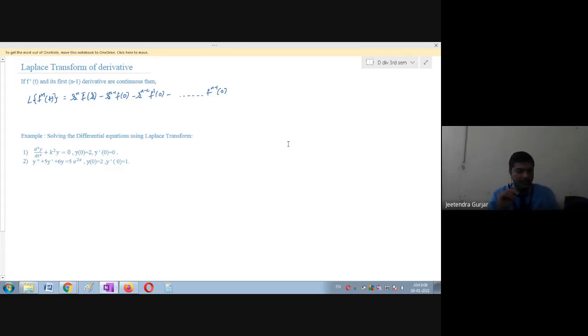Laplace will take this form: the Laplace transform of f raised to n of t is equal to s raised to n F of s minus s raised to n minus 1 f of 0 minus s raised to n minus 2 f dash of 0, and it will continue in this form. At the end, it is only f raised to n minus 1 of 0. So is it clear?